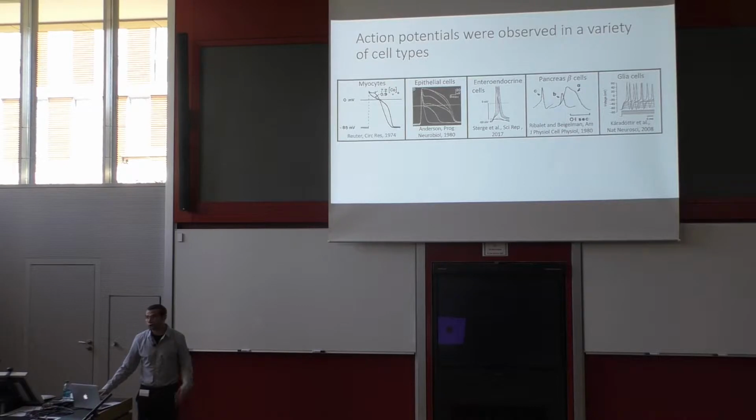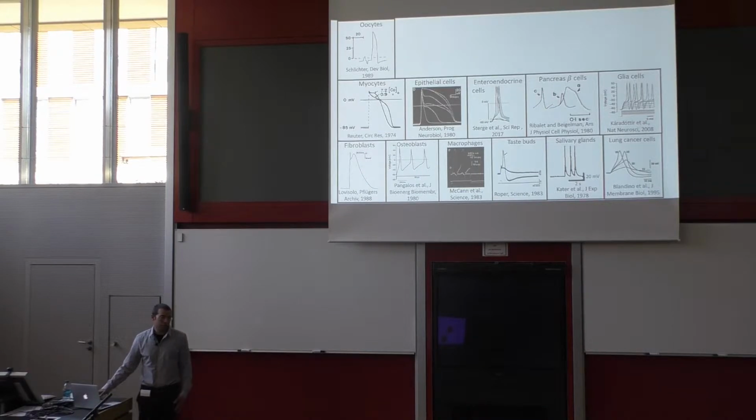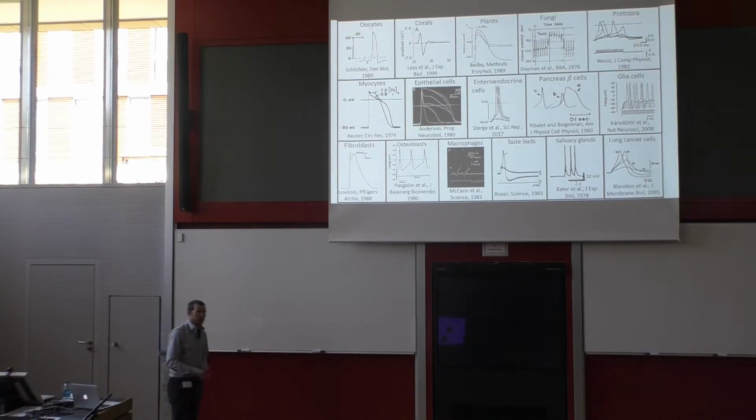Action potentials were also observed in fibroblasts, osteoblasts, macrophages, taste buds, salivary glands, and lung cancer cells. And also in oocytes, and in many other types of cells whose names I simply don't know, in corals, plants, fungi, and single-cell organisms. My point from this slide is that this seems to be a rather general phenomenon in living cells.